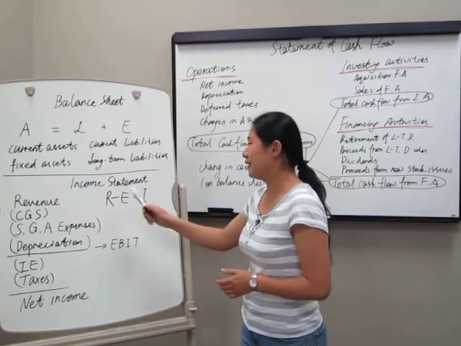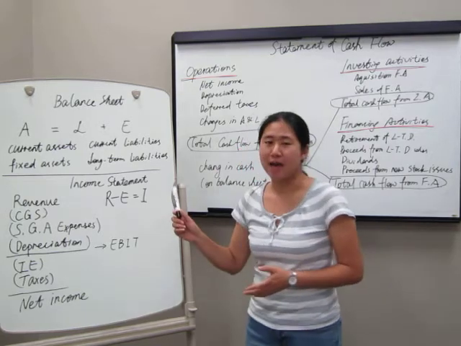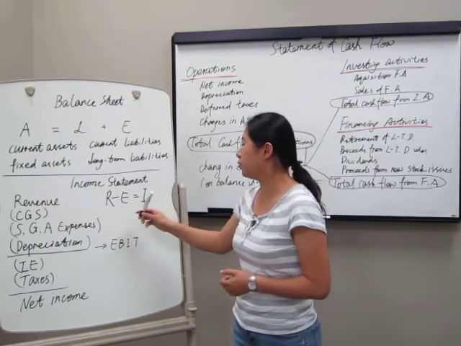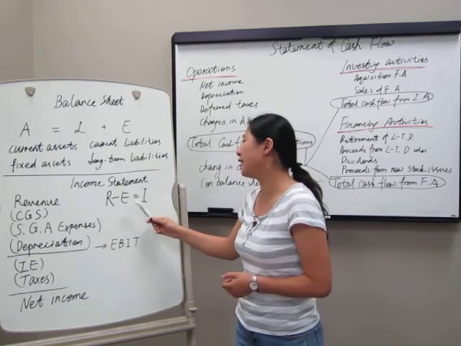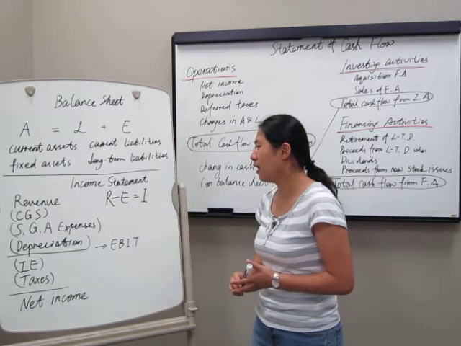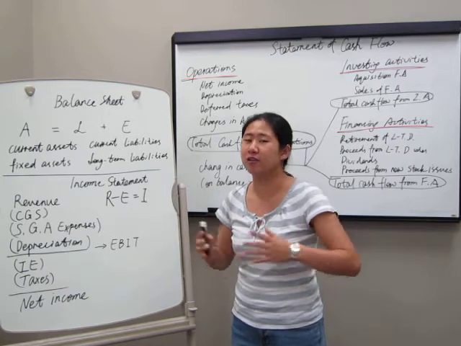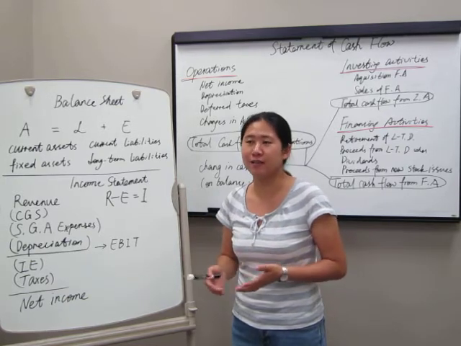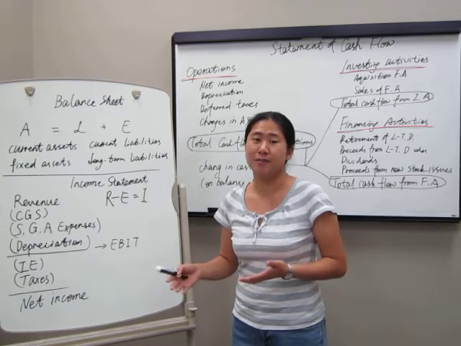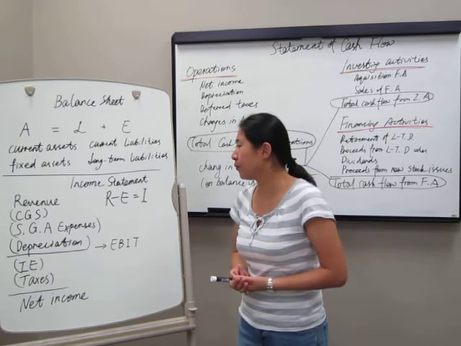Next, let's look at income statement. Income of the corporation equals revenue minus all the expenses incurred by the company in a certain period, usually a year, sometimes more than a year. It depends on their operation cycle.